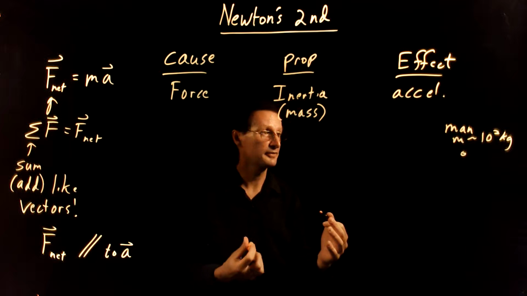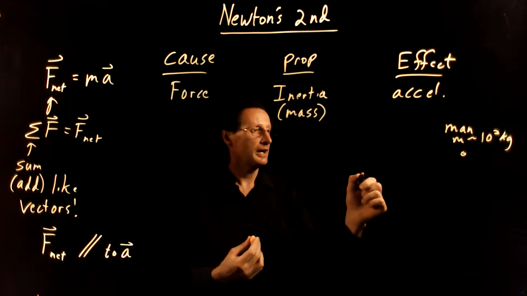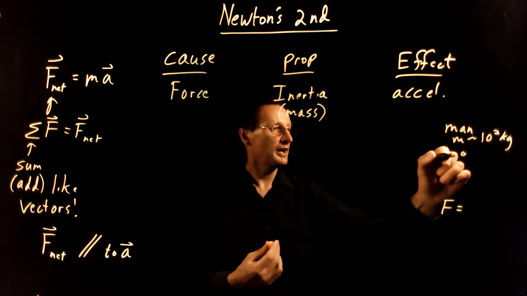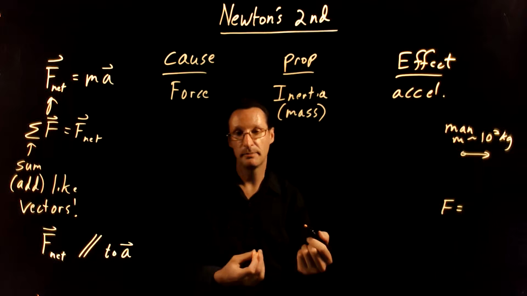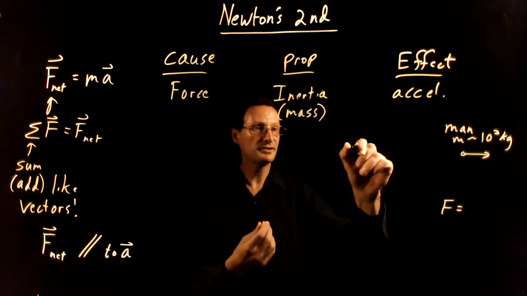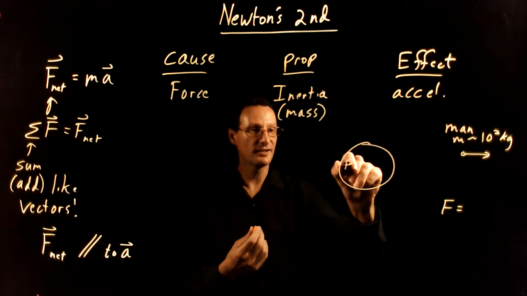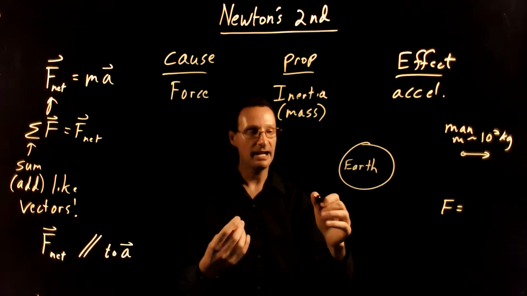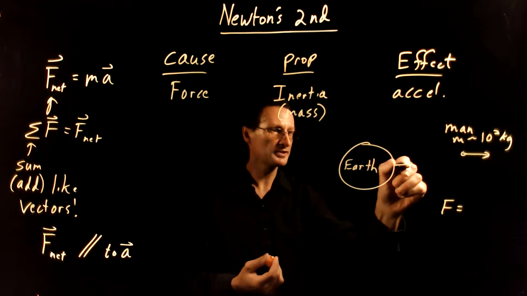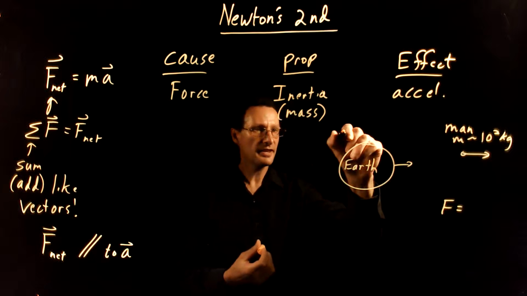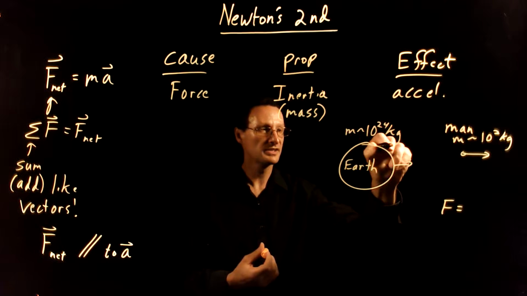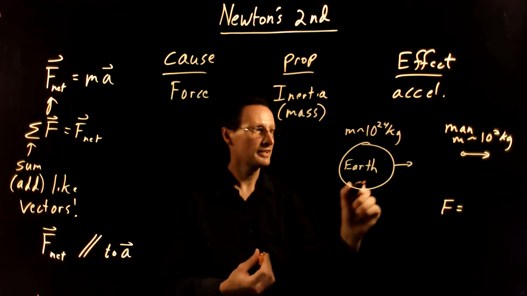If you put a force on that man of a certain size, that's going to cause some acceleration. Now, what happens if you put that same magnitude force on something large like the Earth? I'm choosing an extreme example so you can really see the differences here. The Earth has a mass of about 10 to the 24 kilograms.